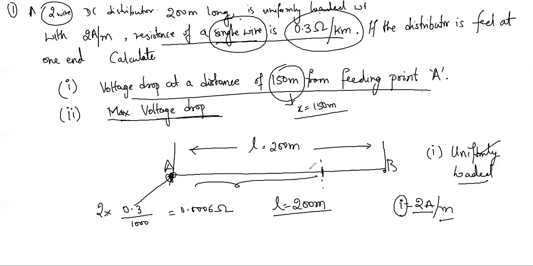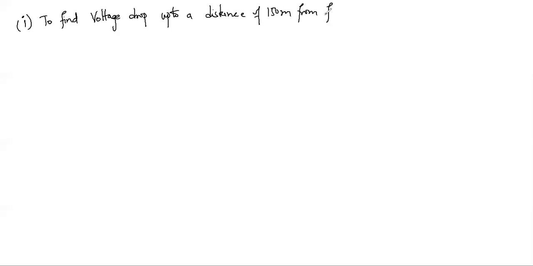So to find the voltage drop up to a distance of 150 meter from the feeding point, this is what you need.